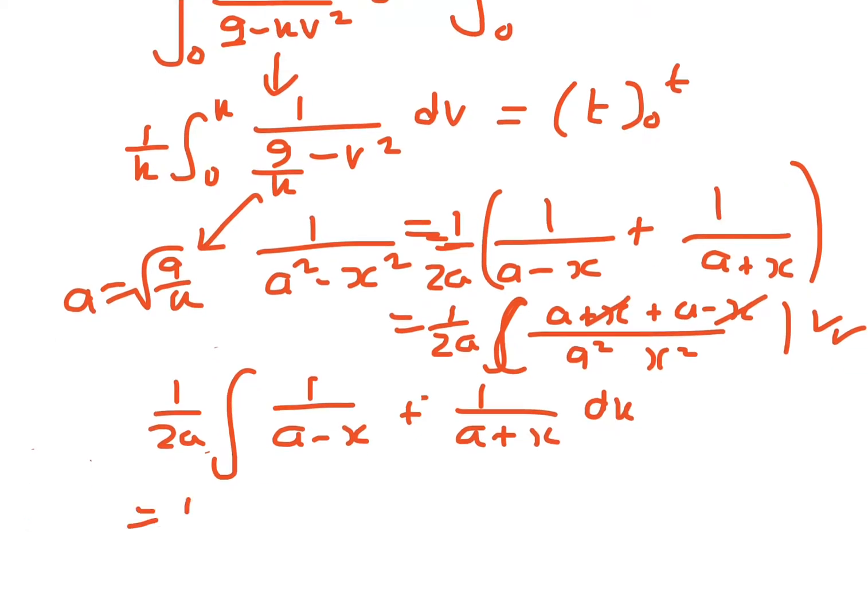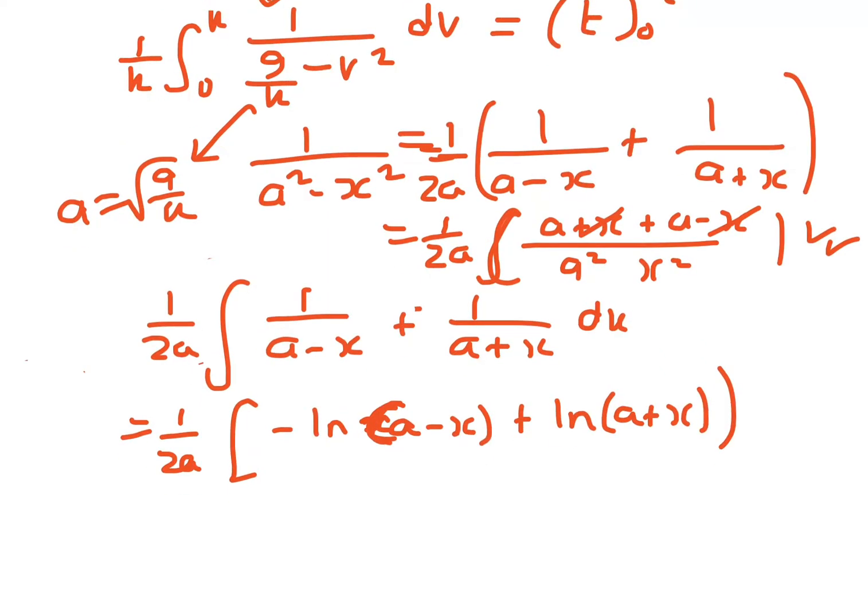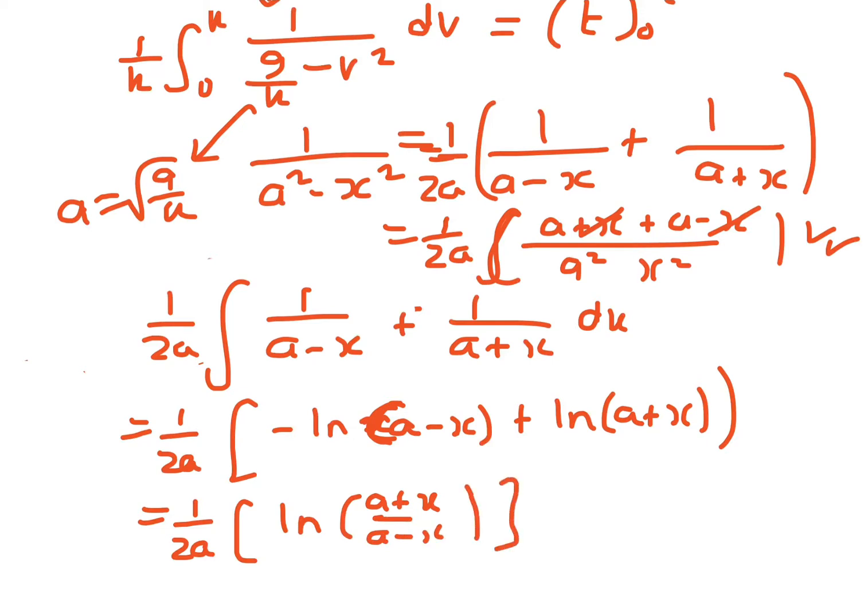When you integrate that, you get 1 on 2a, so it's minus ln a minus x. It's a log, the derivative is minus 1, plus ln a plus x. So that's going to end up being 1 on 2a ln of a plus x on a minus x.